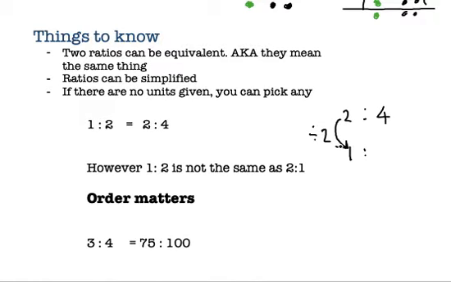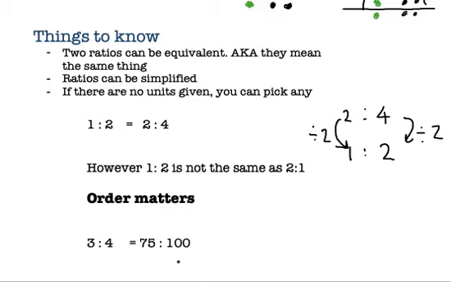If I do it on this side, I'm also going to have to do it on this side. So I divide this side by 2 and that'll get me 4 divided by 2 is 2. So there's my simplified ratio. Now the reason I picked the number 2 is because 2 is a factor of 2 and 4. I can divide both of these numbers by 2, and that's why I would pick 2.